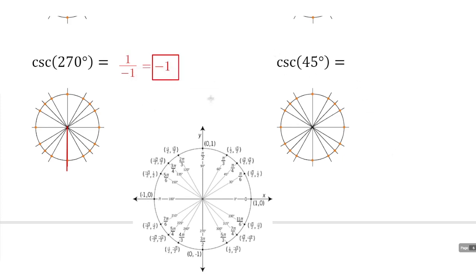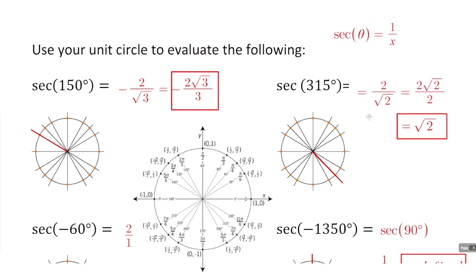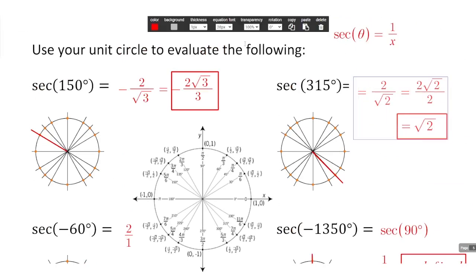The cosecant of 45 degrees, we got 45 degrees right here. And the y-coordinate at this angle measure, where the terminal side intersects the unit circle, is root 2 over 2. So the reciprocal of that is going to be 2 over root 2. I think we had that answer over here somewhere, so I might as well just copy and paste it.